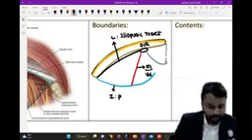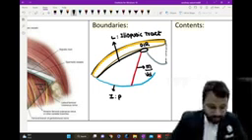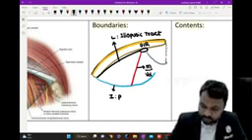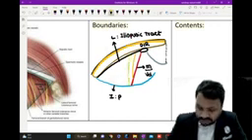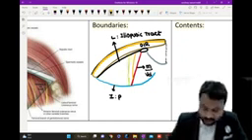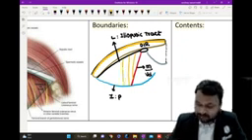The nerves present here are the femoral nerve, the genital branch of the genitofemoral nerve, and the lateral cutaneous nerve of thigh.